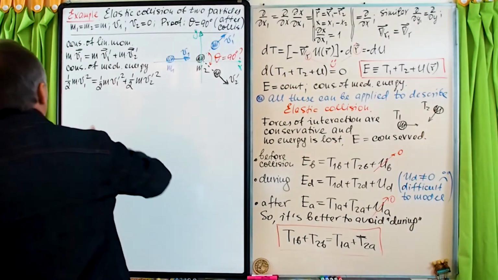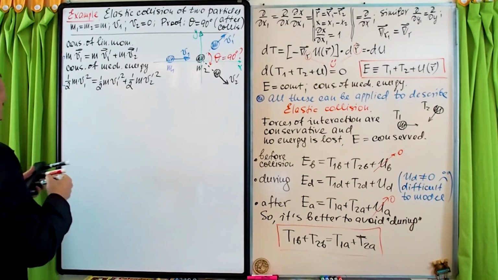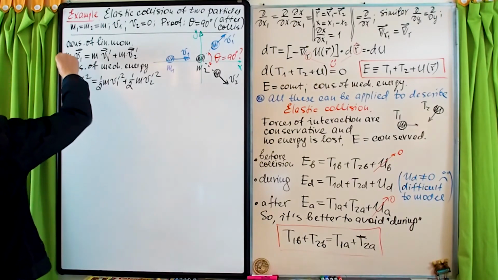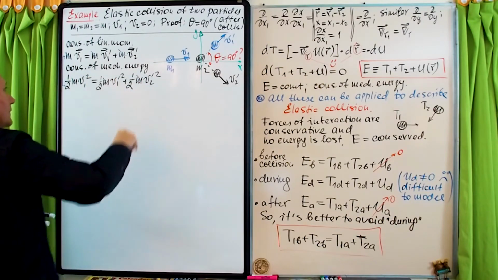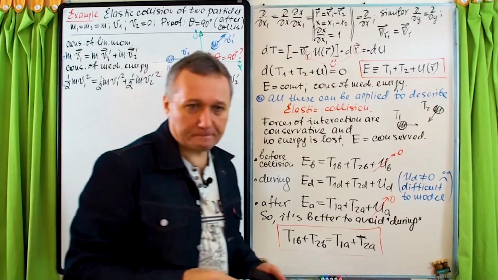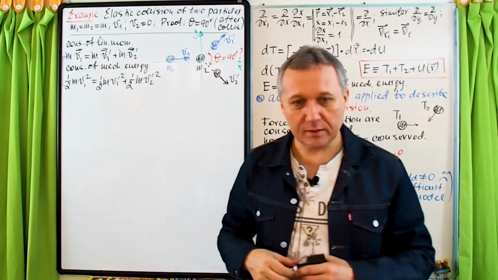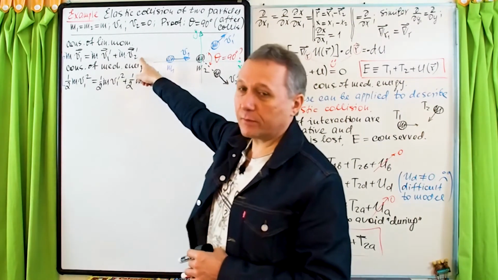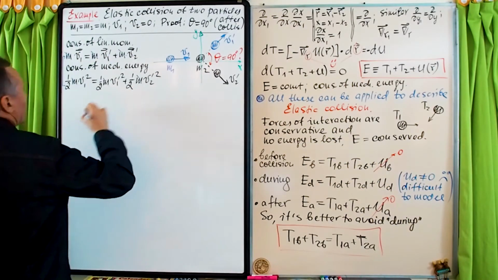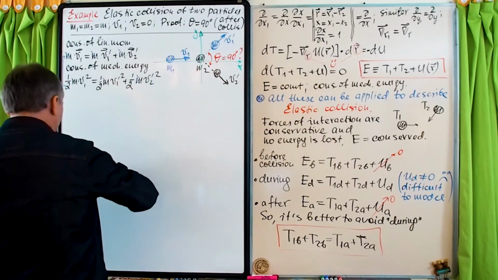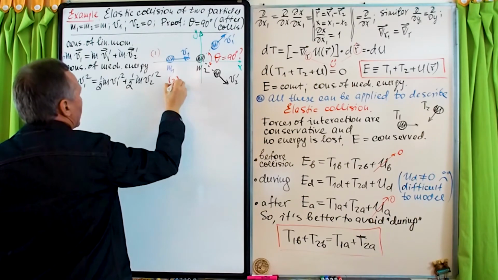So we can just deal with these two equations. Masses, let's just brutally cancel. In order to get something out of them, let's square the first equation. This is equation number 1, and this will be my equation number 2.